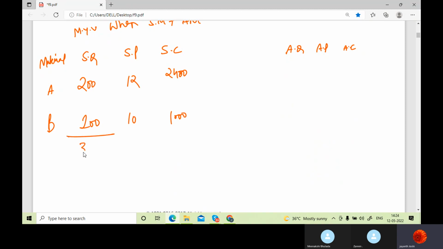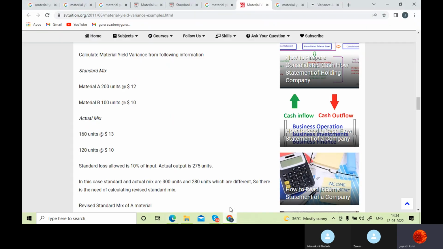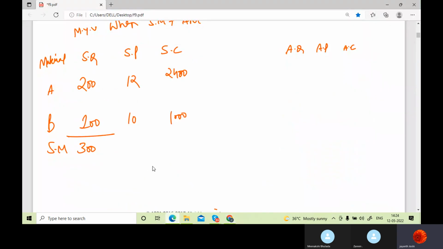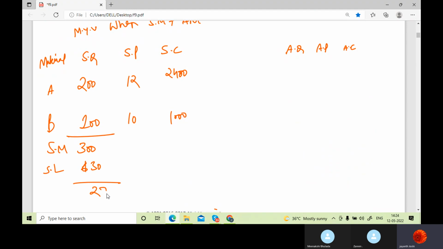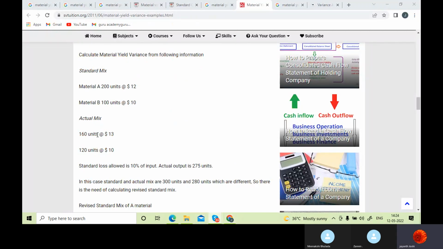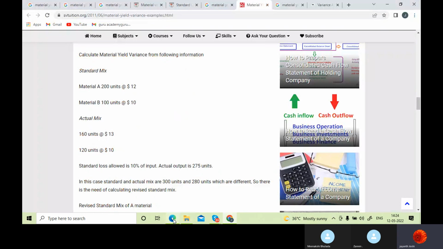Standard mix is 300, and the standard output is, with 10% loss, that is 30, 270. Okay, and then comes the actual: 160 and 140. Actual price is 13 and 10.